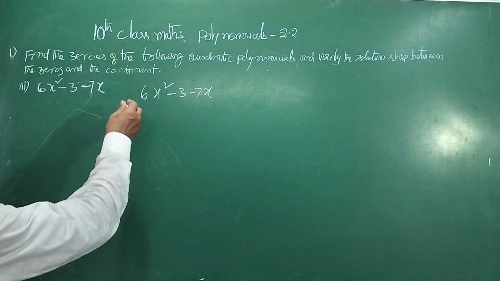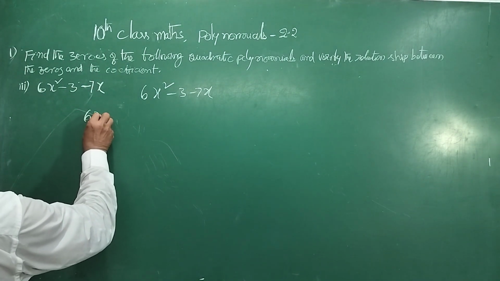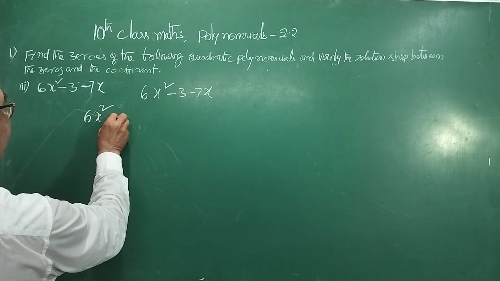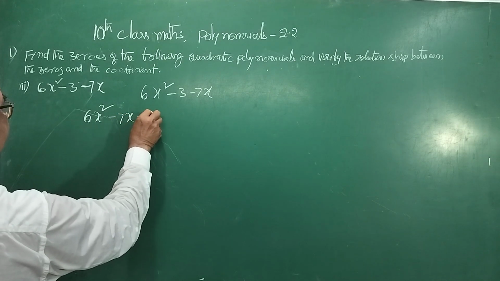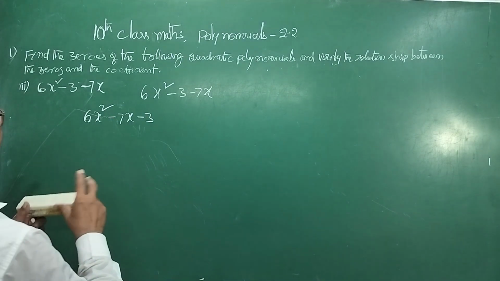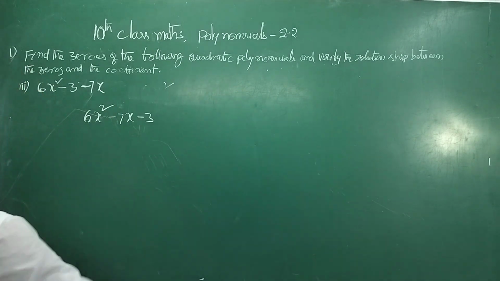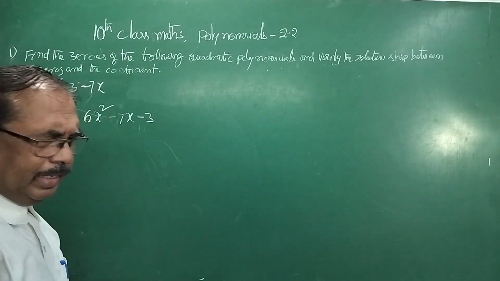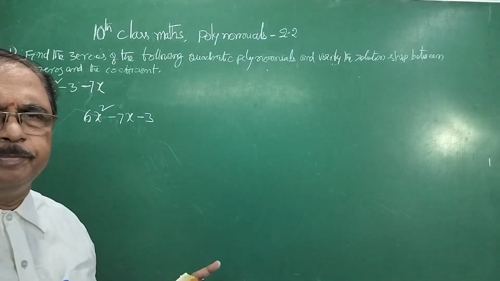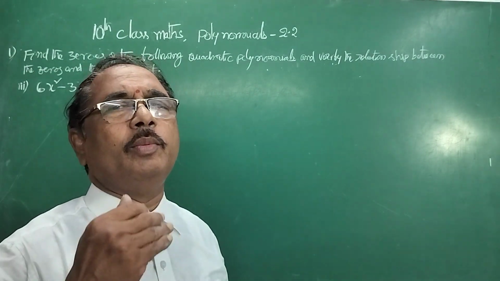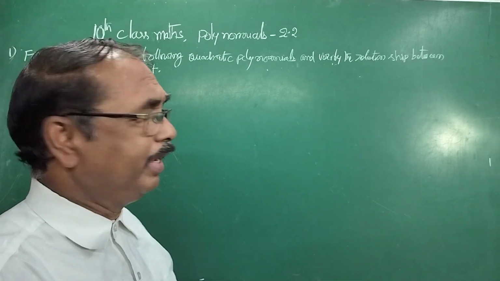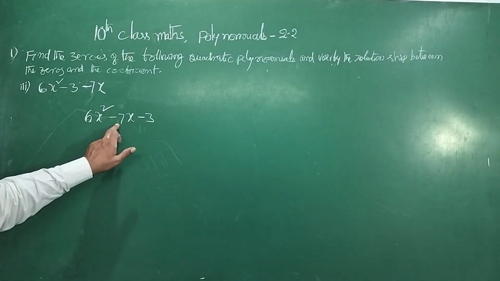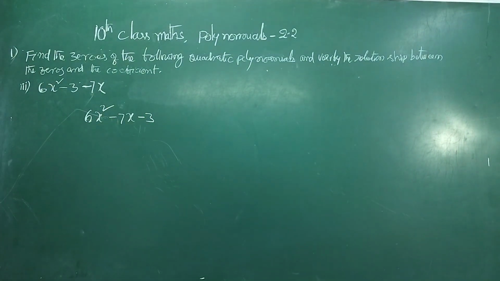In such a way, let us write 6x square minus 7x minus 3. We did not change anything, but in the standard form, we wrote here 6x square minus 7x minus 3.